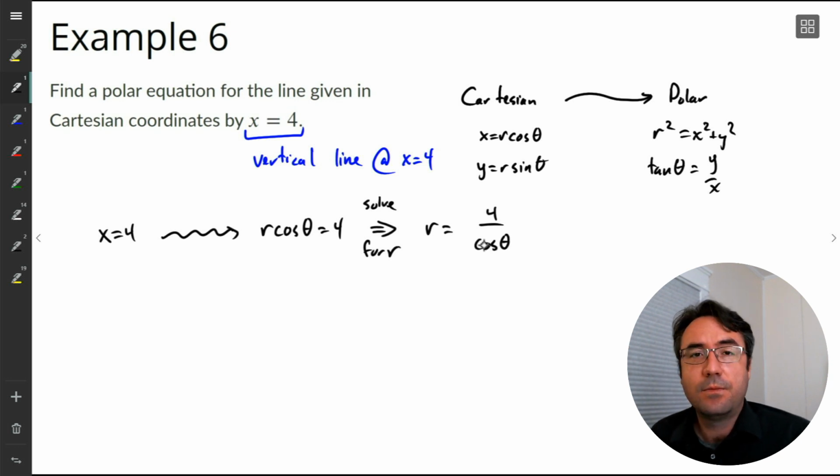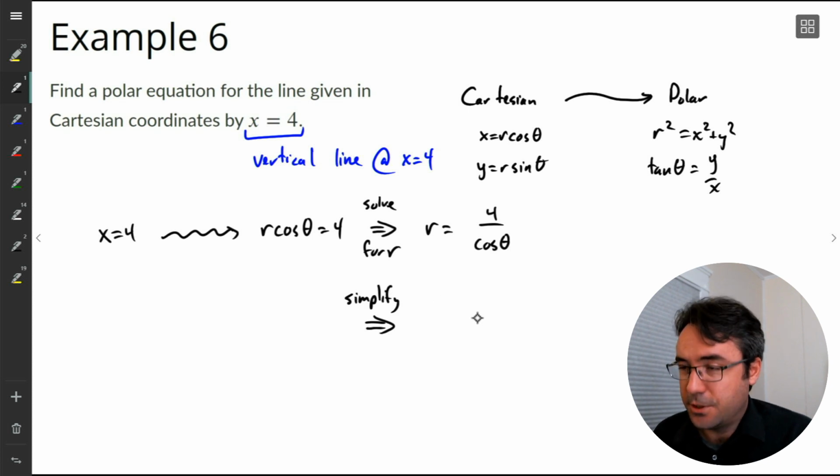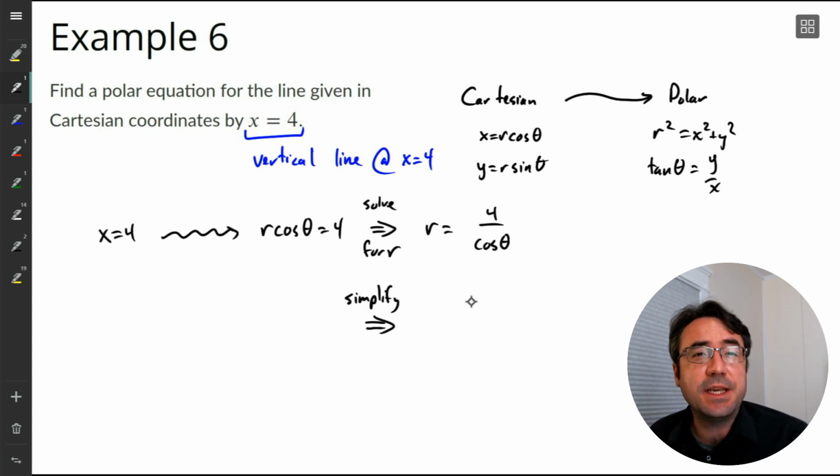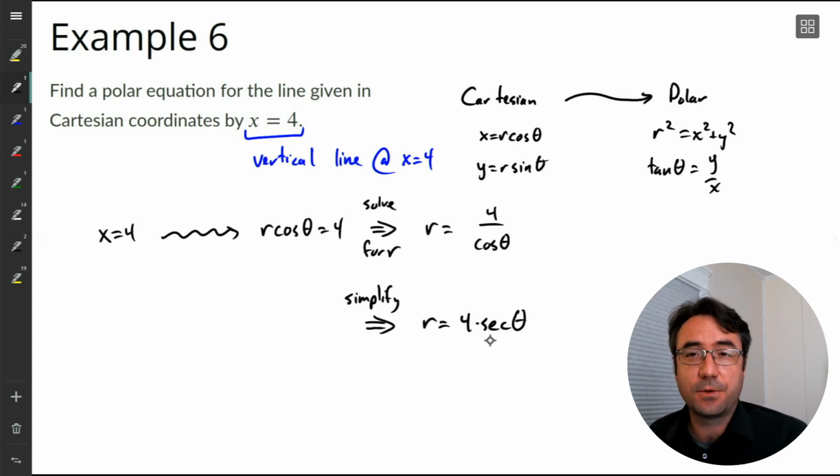And then what's the reciprocal of cosine? Well, we can simplify this down. 1 over cosine is secant. So we get r is equal to 4 times secant theta.